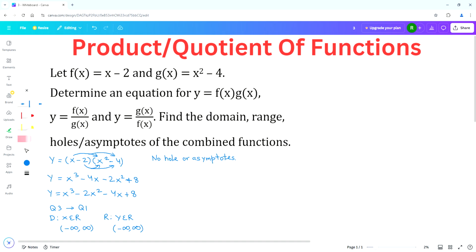y = f(x) over g(x). We can sub in the given function equations. f(x) is x - 2. g(x) is x² - 4. We can simplify this equation by factoring the expression in the denominator. x² - 4 can be factored using the difference of squares factoring method. 4 can be written as 2 squared.